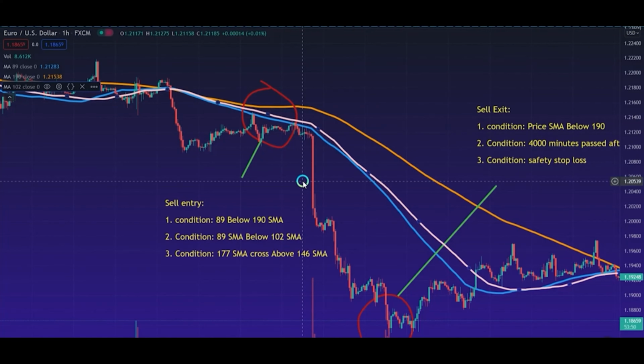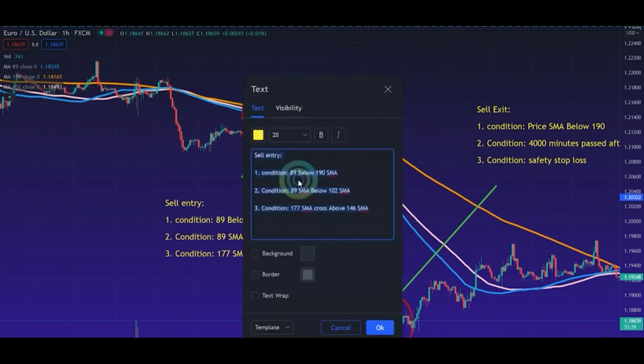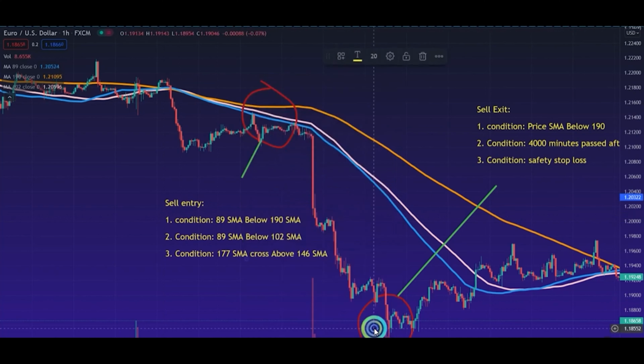So now we are at the sell entry and sell exit parameters that I will show you, and I will go through the conditions for you as well. So let's start. Our first condition is when the 89 simple moving average is below the 190 simple moving average.